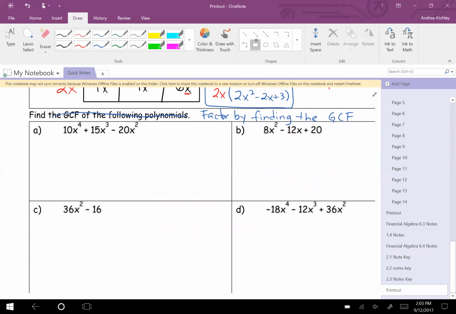Okay, so we're going to factor this. So this is 10x to the 4th plus 15x cubed minus 20x squared.